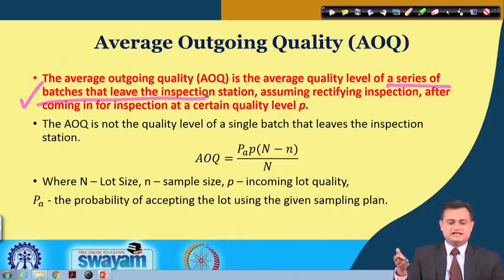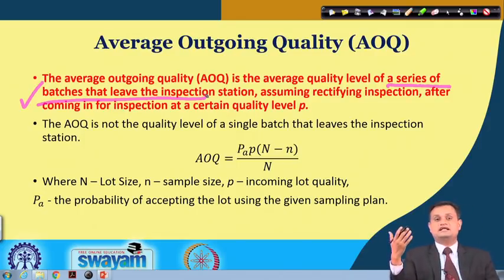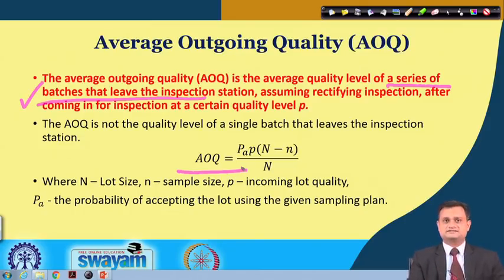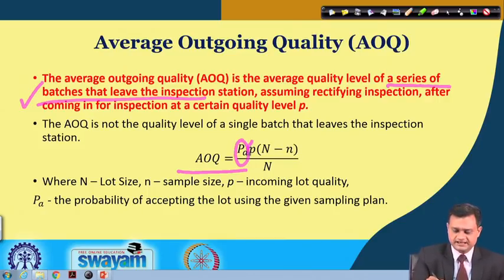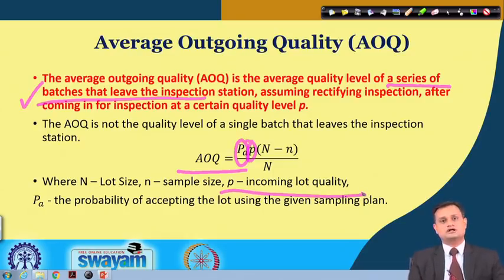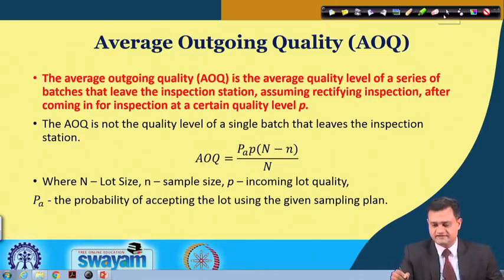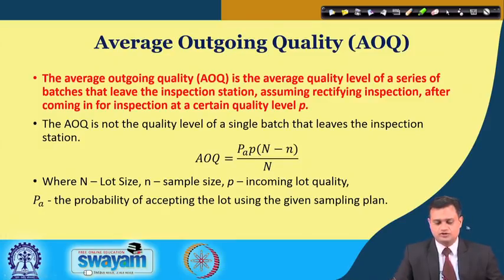So after coming in for inspection at a certain quality level, that is percentage defective, proportion defective. So AOQ is defined as, please refer to it carefully, PA, probability of acceptance, P is your incoming lot quality, proportion non-conforming, capital N is my lot size, small n is the sample size, so AOQ is PA times P times (N minus n) divided by N. This is a very important definition, average outgoing quality.